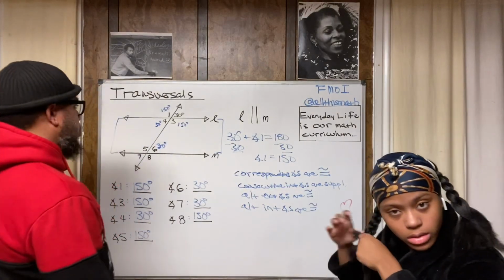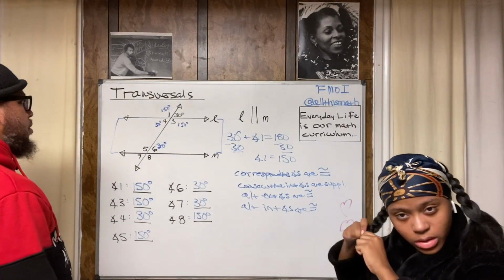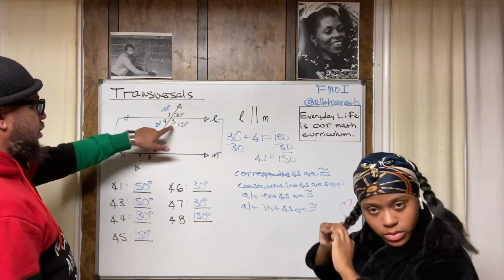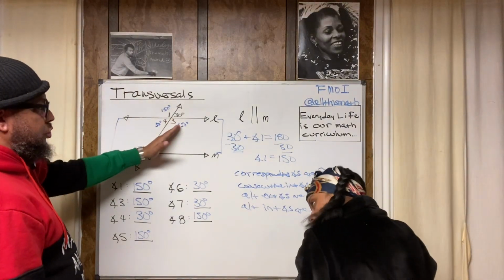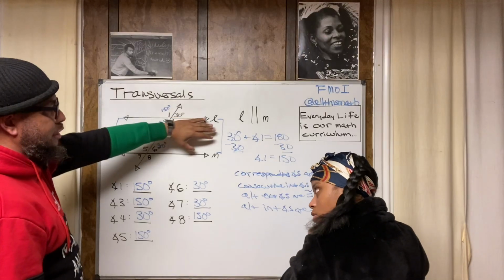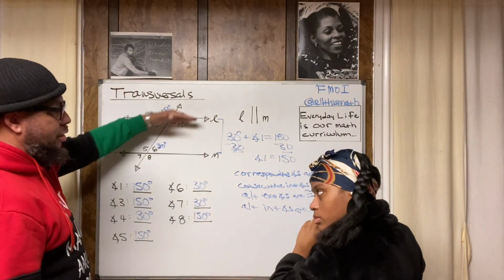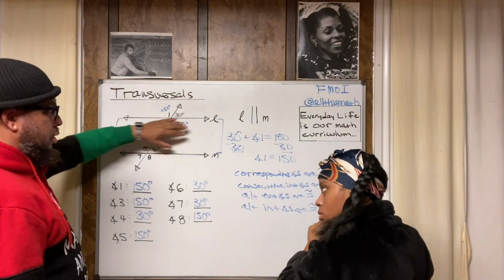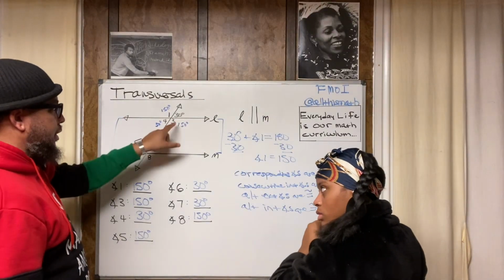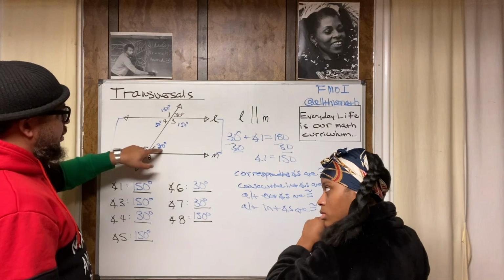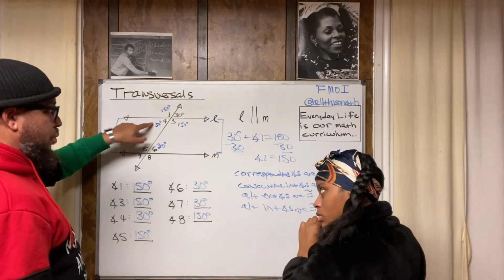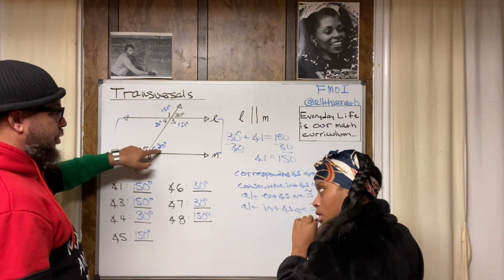Like angle 3 and angle 5: alternate sides of the transversal, and they're interior. So they're inside this box. The two parallel lines form a box, right? It's like a rectangle. Angle 3 and angle 5 are inside the box. Angle 4 and angle 6 are inside the box. See, we already knew angle 4 was 30 and angle 6 was 30.